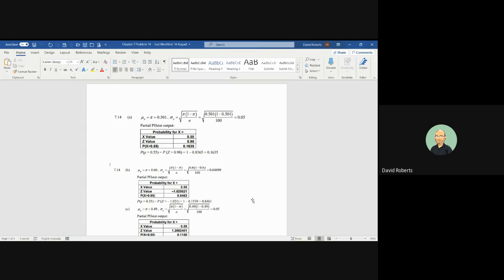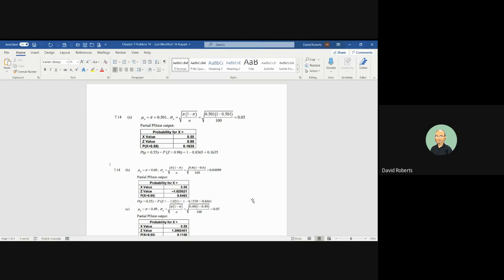So in this particular case, what you can see on the screen is, the population percentage of her vote is 50.1. It's trying to find out what's the probability of her winning the election is what we're trying to do. So if she currently is polling at 50.1%, you need to find the standard deviation of that.